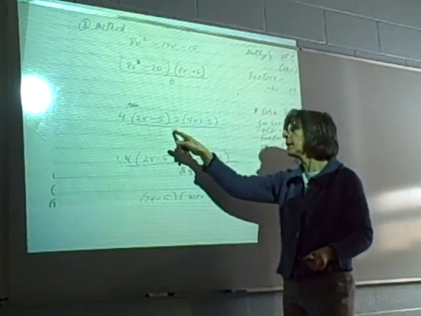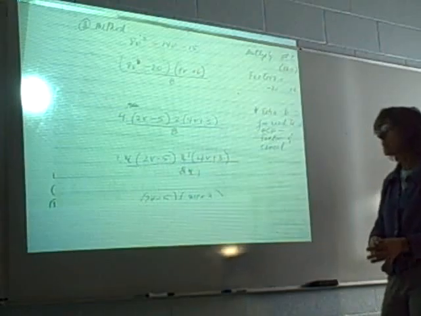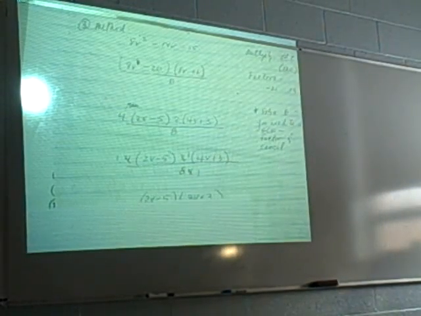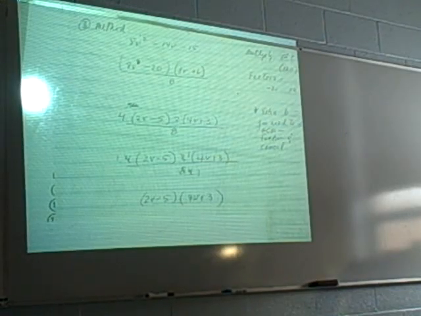And then you need to get rid of this 8, and you keep canceling until you end up with this method. So, 3 different methods, 3 different approaches, and you can pick what you like.